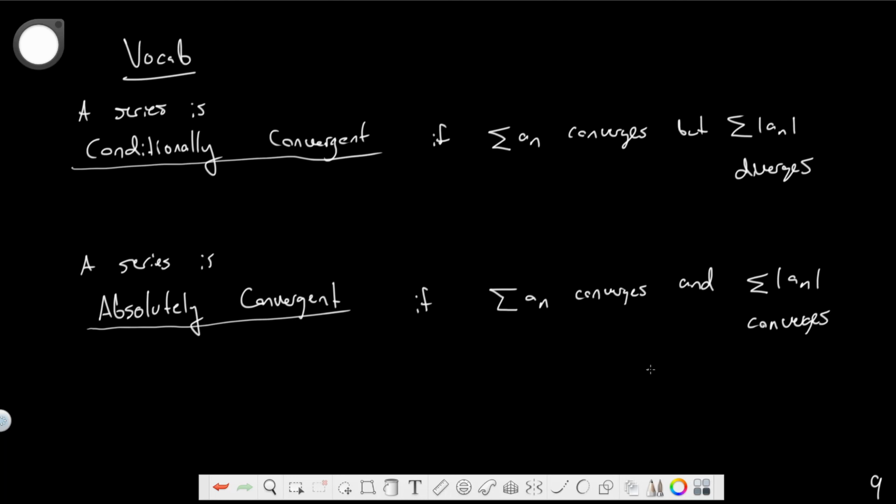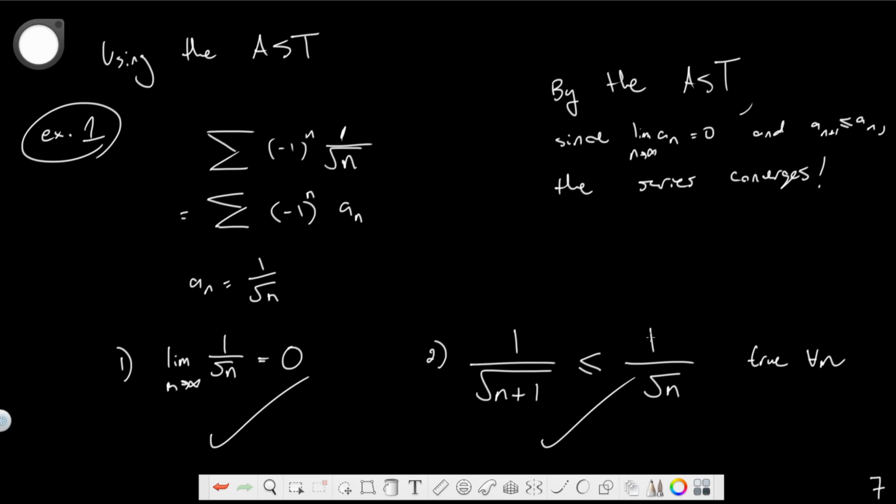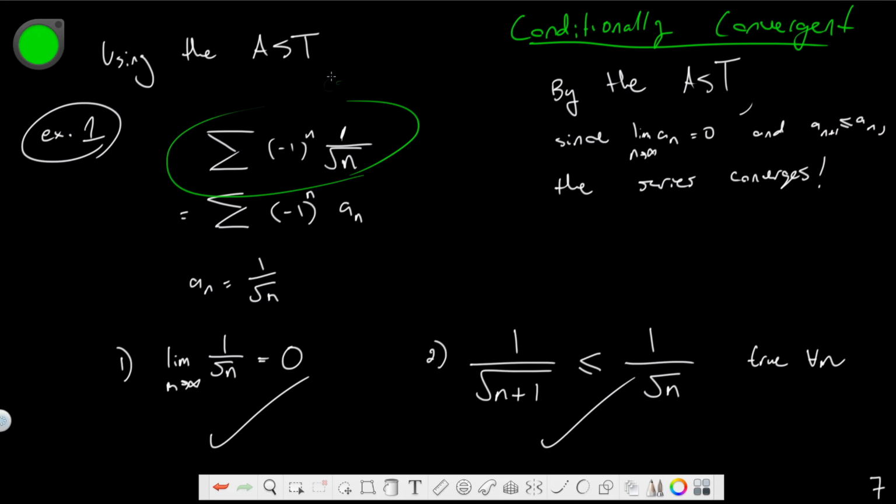Let's go back real quick. My first example is conditionally convergent, because the series itself converges, but its absolute value diverges. That's a p-series test problem. Feel free to do it if you want.